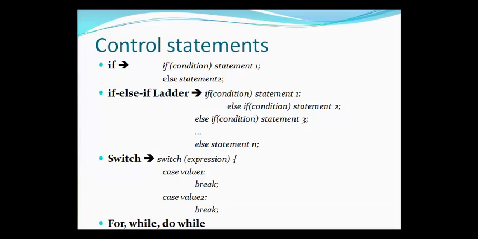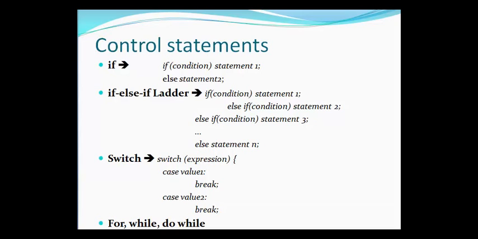The value of the expression is compared with each of the literal values in the case statements. If a match is found, the code sequence following the case statement is executed. If none of the constants match the value of the expression, then the default statement will be executed. We also have nested switch statements.